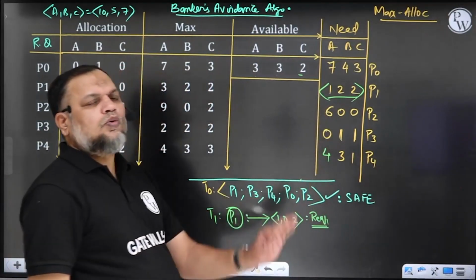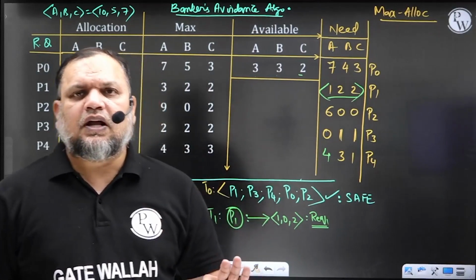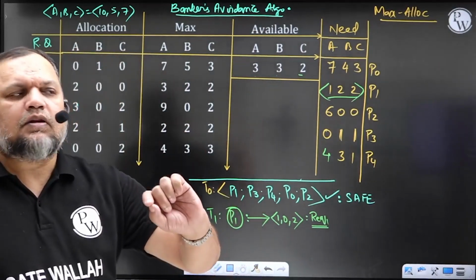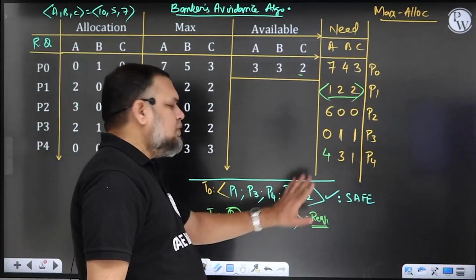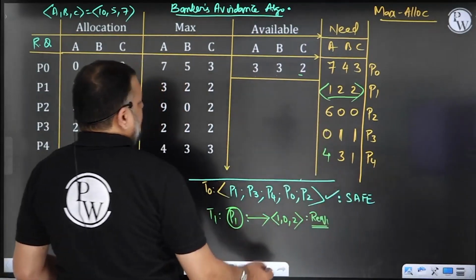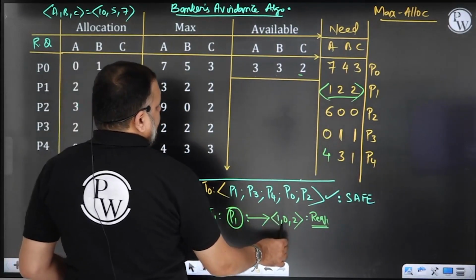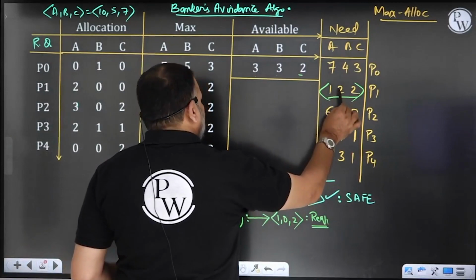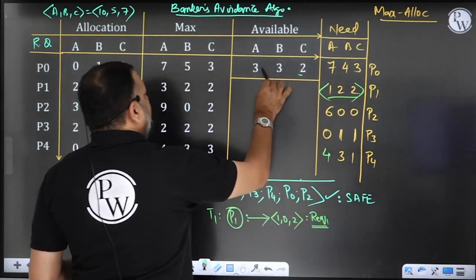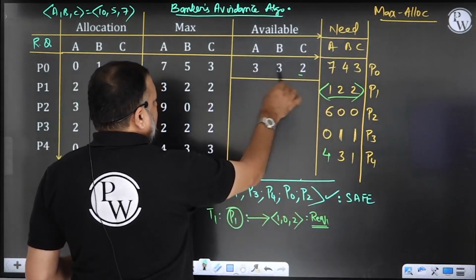So I want you to apply all the steps which I described and tell me whether this request of 102 will be granted or not. First point, I am doing step by step. 102 is within the need of process, yes. 102 is within available, yes, because 102 is less than 332.